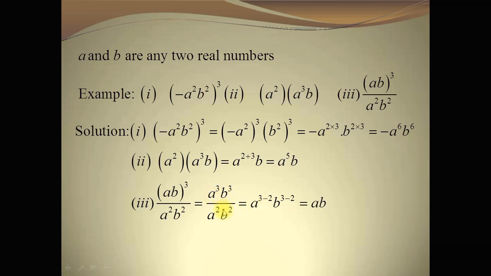For b these two bases are also same, so the base stays the same and we subtract the powers. So a power 3 minus 2 and b power 3 minus 2. We get a into b.